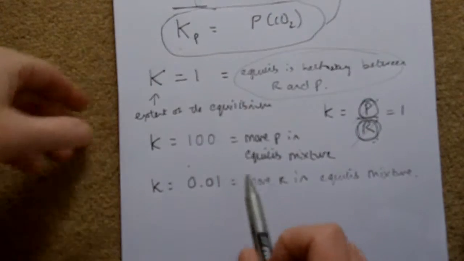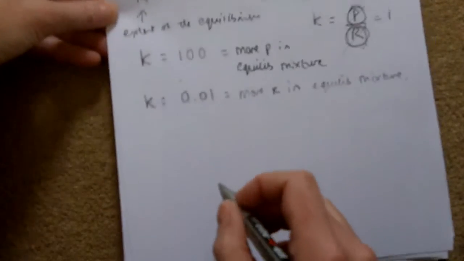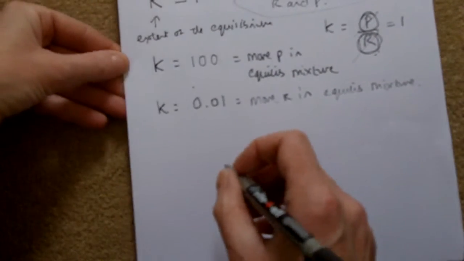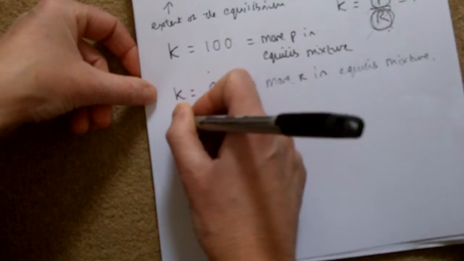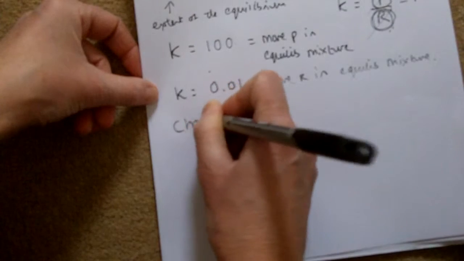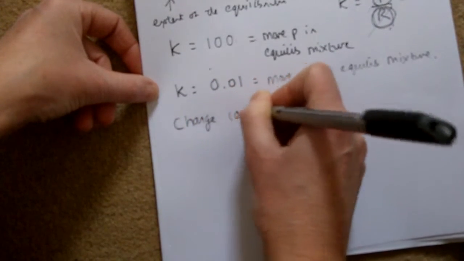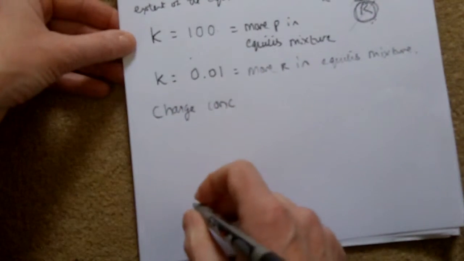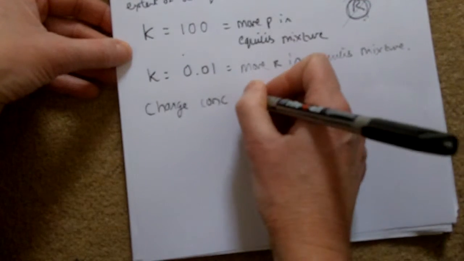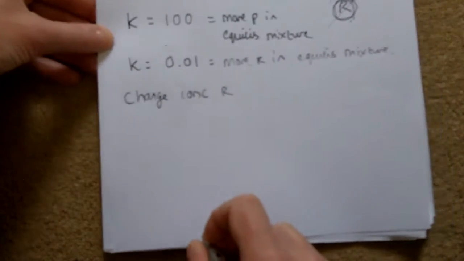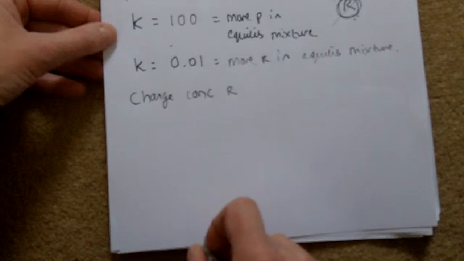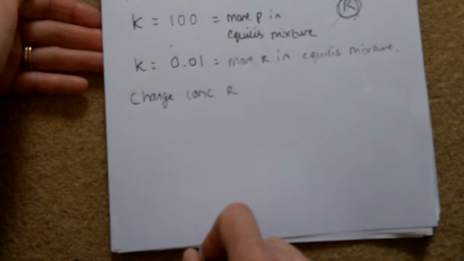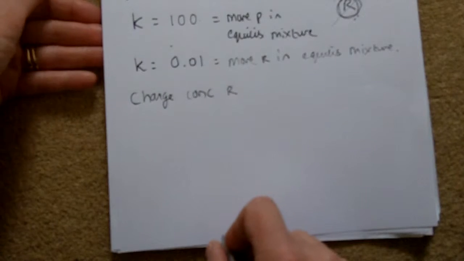Now what happens when we change the conditions? Going back to AS, if you change the concentration of the reactant, the position of equilibrium moves to minimize the change. That's Le Chatelier's principle.